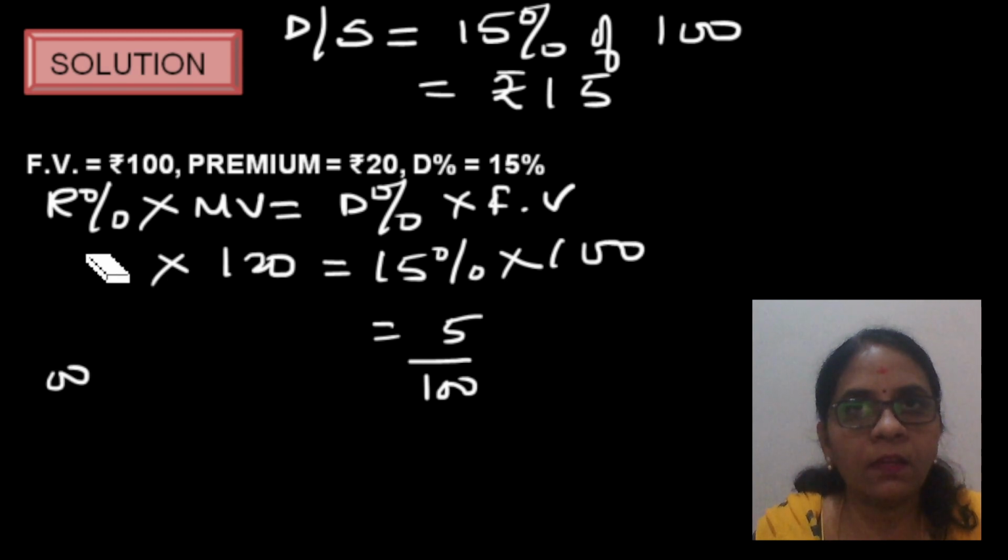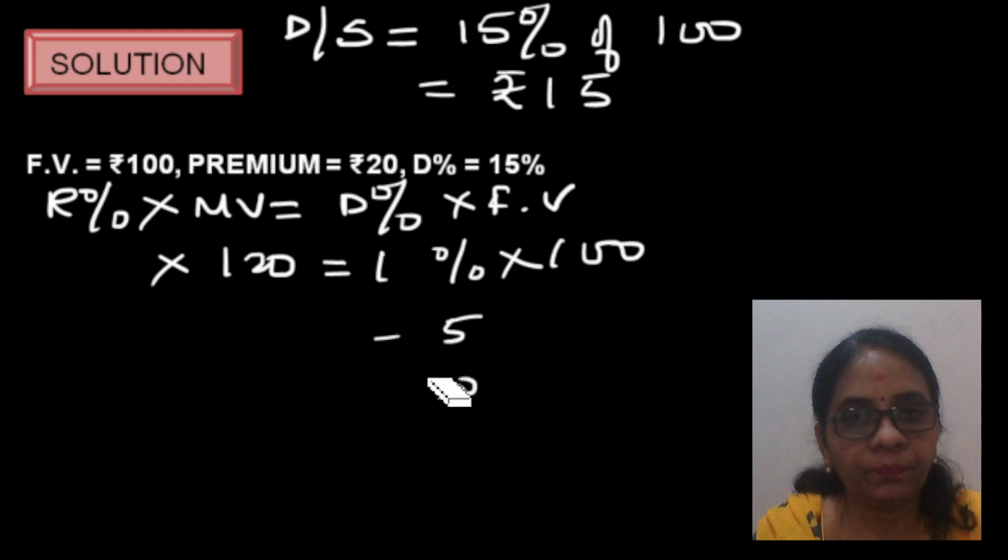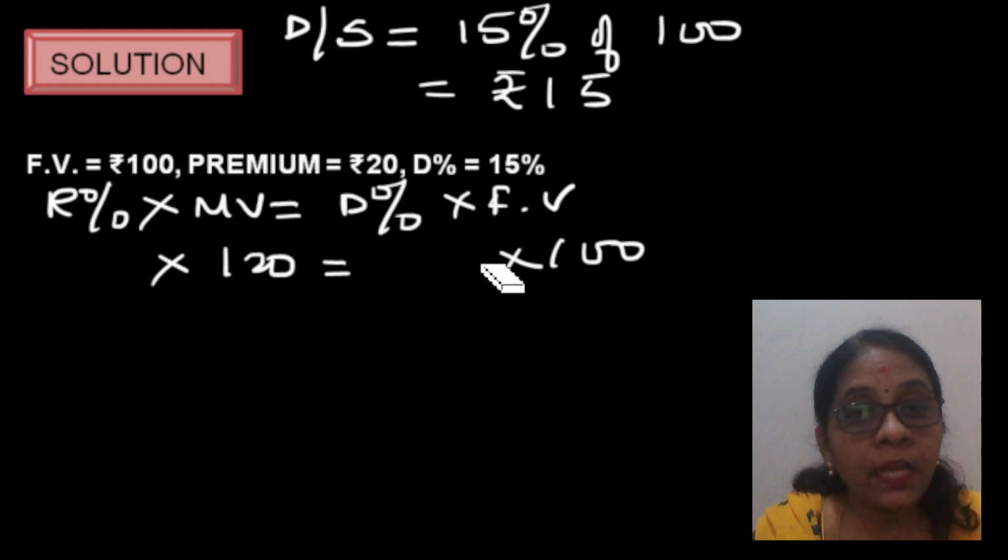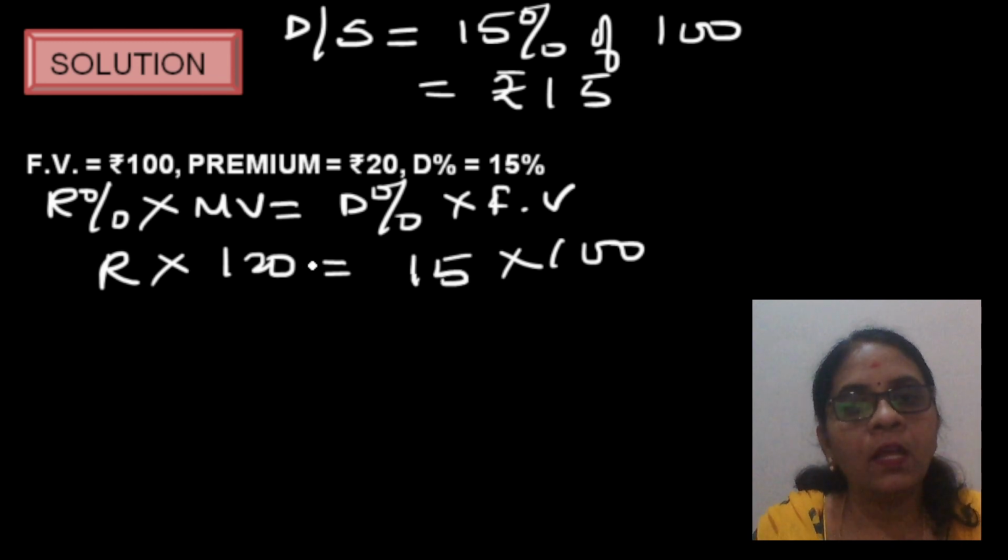So, let us rewrite this now without the percentage, because if you are writing the percentage, you may forget and write it for one side, and if you leave it on the other side, it's all gone wrong. So write R, D percent is 15. 15 into 100 by 120, 0 gets cancelled.